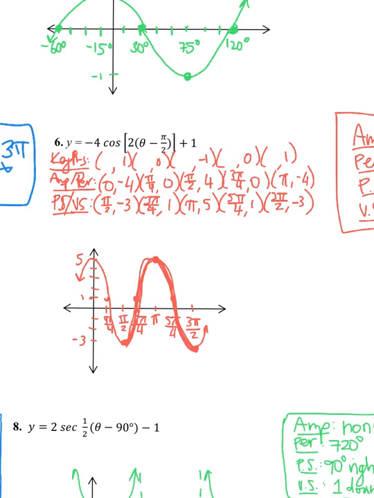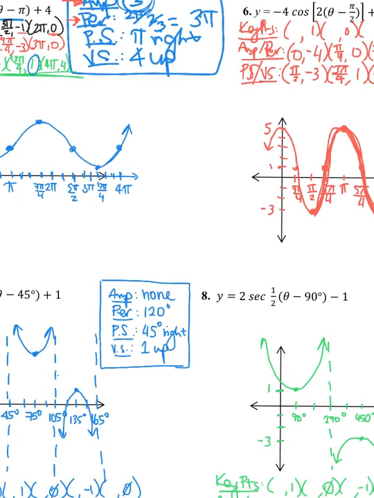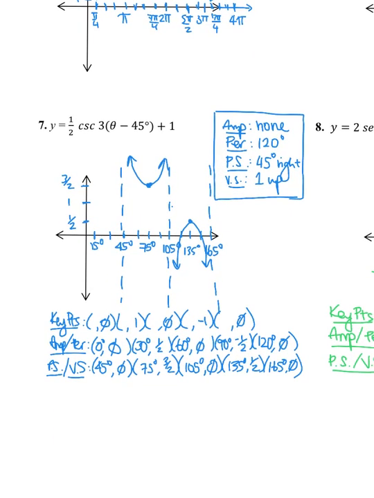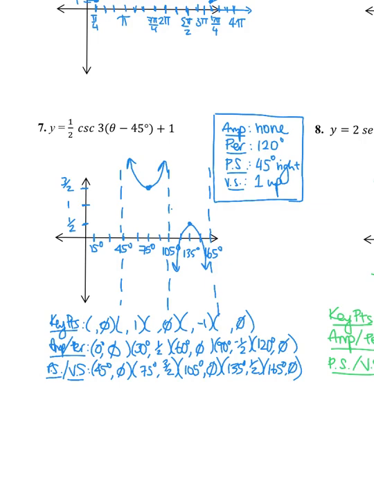And number 7, amplitude would be none, since it's cosecant, period of 120 degrees, phase shift 45 degrees to the right, and 1 up for vertical shift. Those are my key points and my graph.